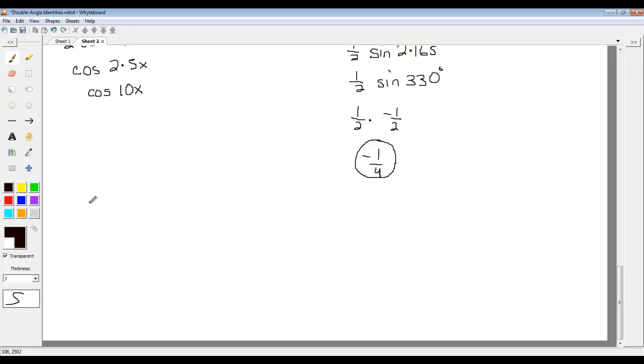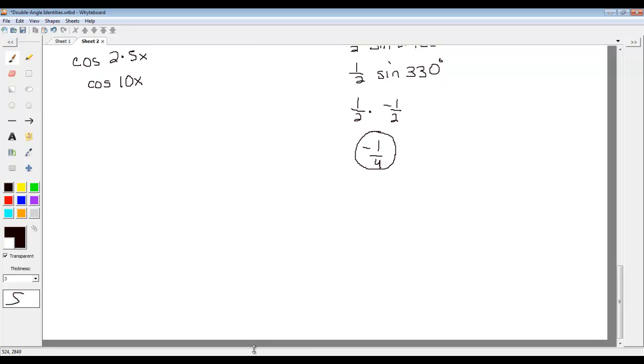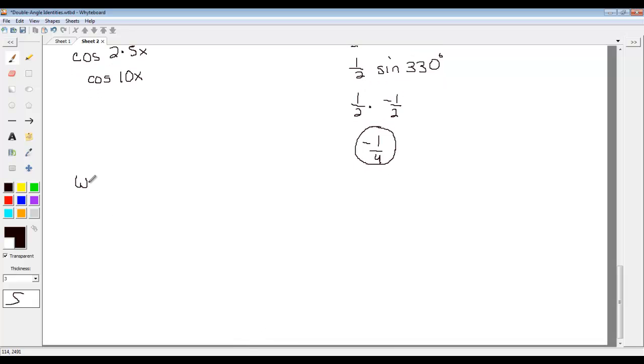Or it might be given to you like this. They might say, write cosine 3x in terms of cosine x. Something like that.